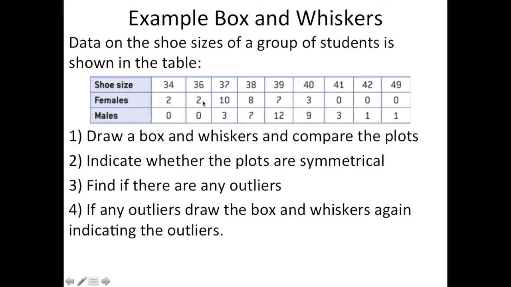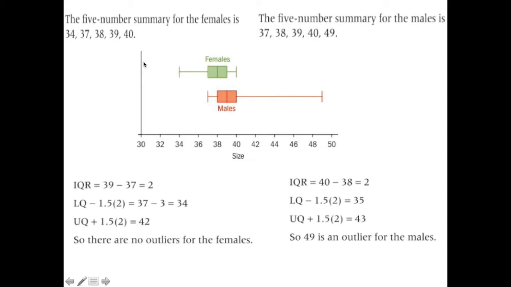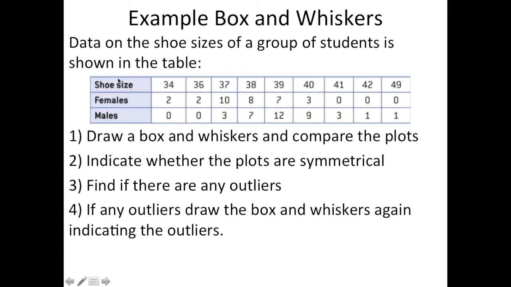If we add 2 plus 2 plus 10 plus 8, there's a total of 32 women or female. So what we have to do, guys, is 32 plus 1, 33, divided by 4, which is 8.25. So we would have to take position 8 and position 9. So here I have 2, plus 2 I have 4, plus 10 I have 14. So positions 8 and 9 lie here at the 37. So then that would mean that 37 is my Q1.